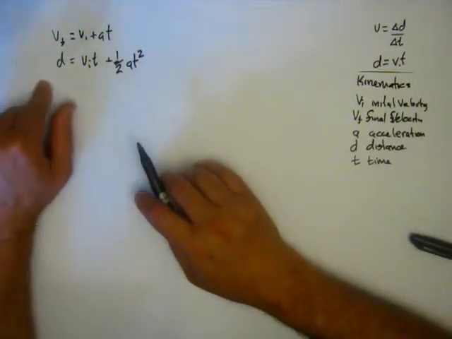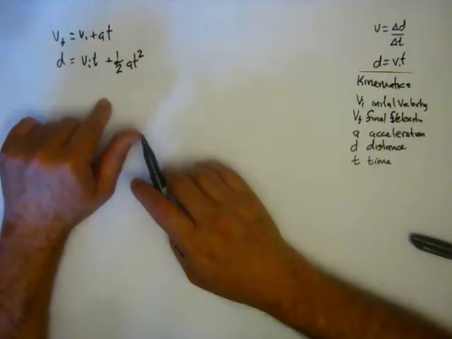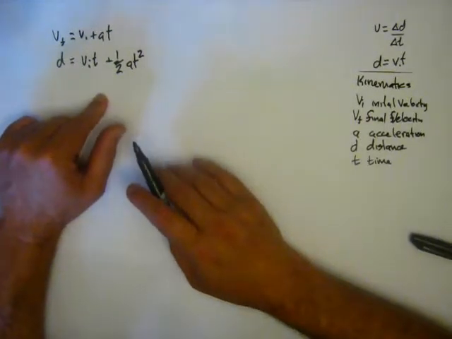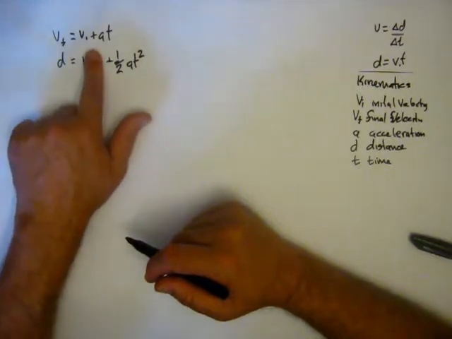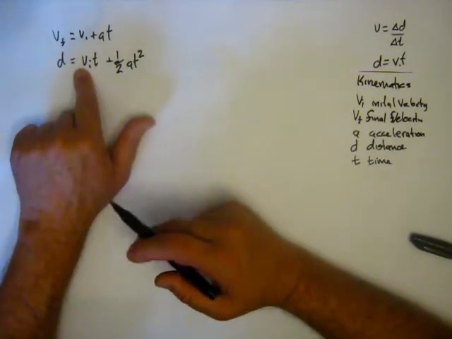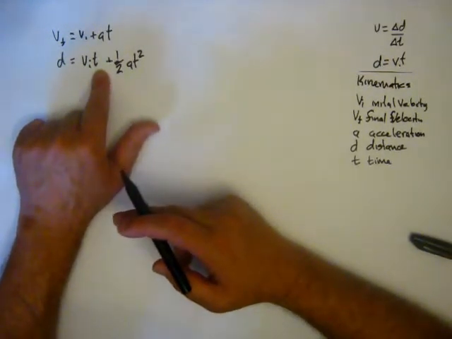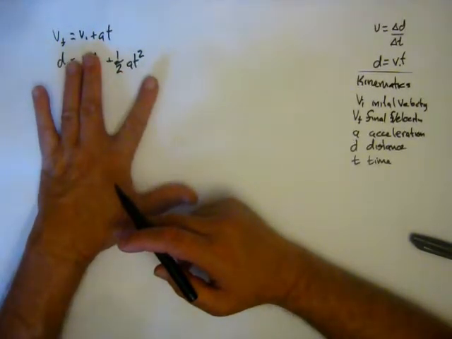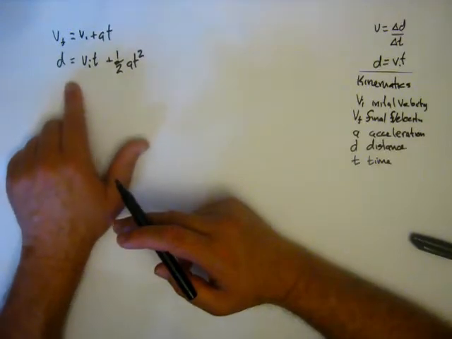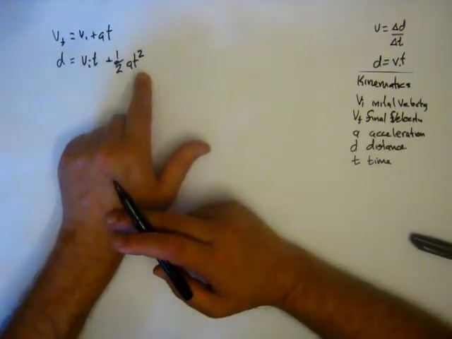This is a fairly standard equation that's used a lot, especially with dragsters. If we are parked, if the initial velocity is 0, we can get rid of that term, because 0 times anything is equal to 0. So often you'll just see it as d is equal to half at squared. This is hard to rearrange for t.